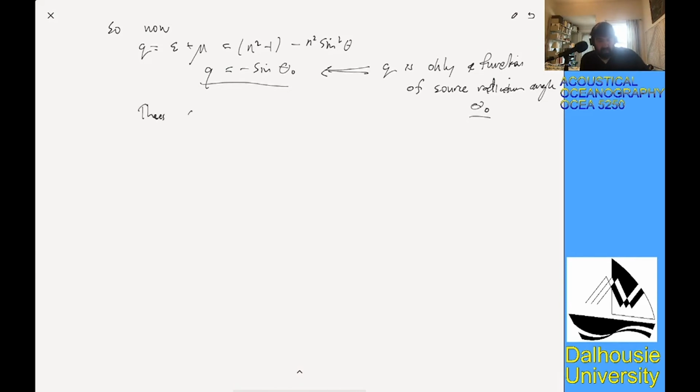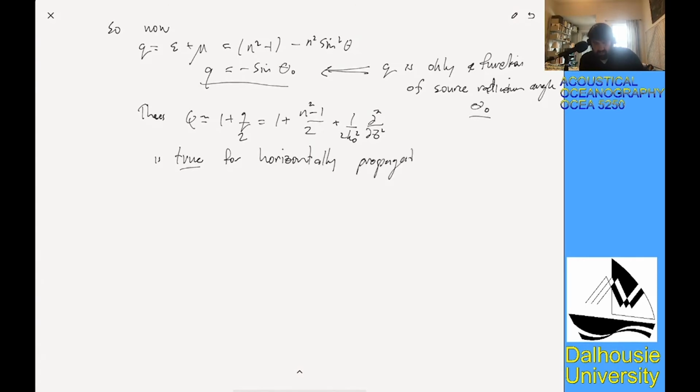Thus Q equals 1 plus q over 2. Let's leave it at just that, which is equal to 1 plus (n squared minus 1) over 2 plus 1 over 2 k naught squared d squared by dz squared. This is true for horizontally propagating energy.